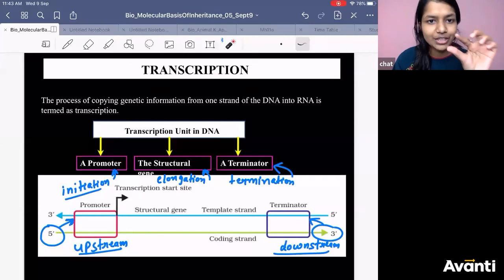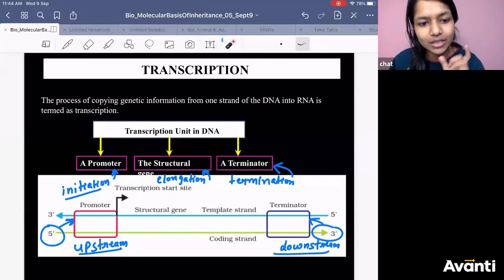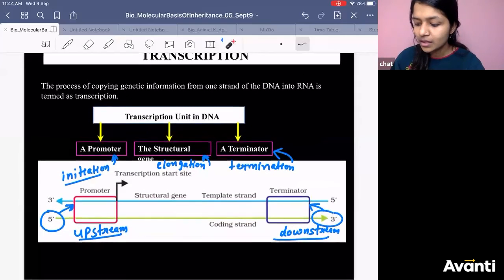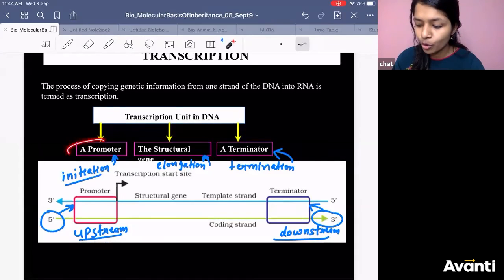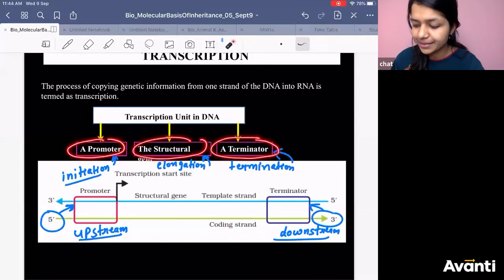Now you know the gene will have a cistron, and the cistron will have a transcription unit. Now we are going to see what is present in the transcription unit. The transcription unit of DNA has three things: promoter, structural gene and terminator.